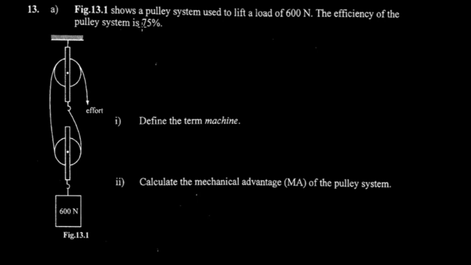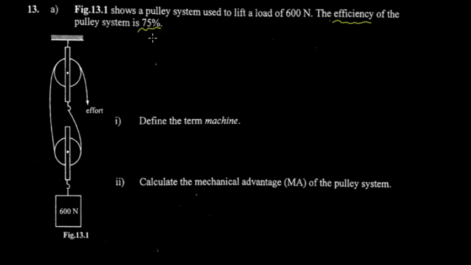Next part says, the figure shows a pulley system used to lift a load of 600 newtons. The efficiency of the system is 75%. So you're given the efficiency. The efficiency simply means the ratio of the work output to the work input.